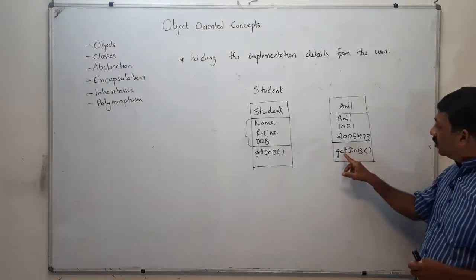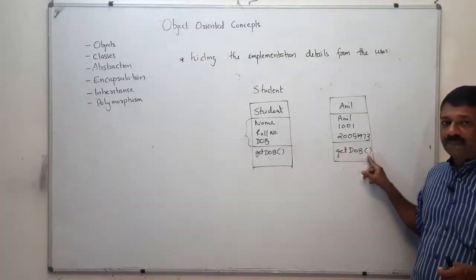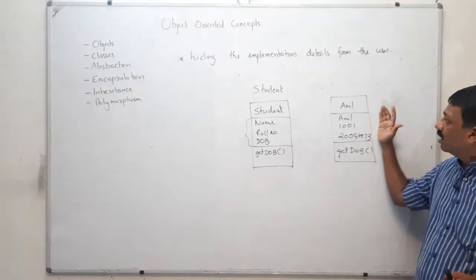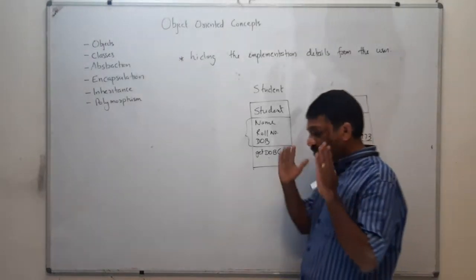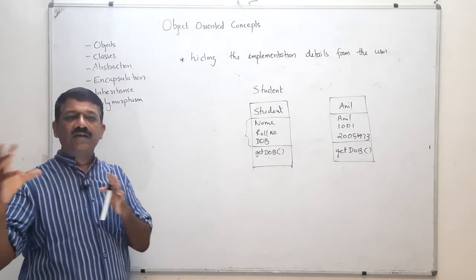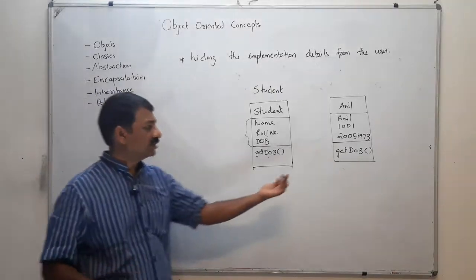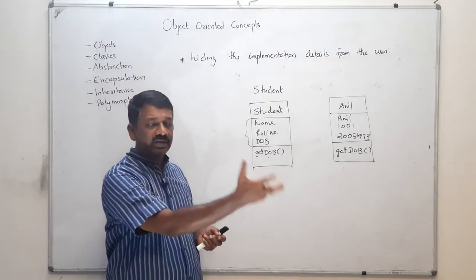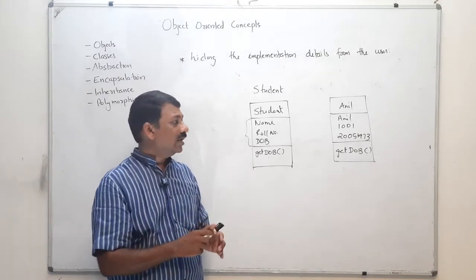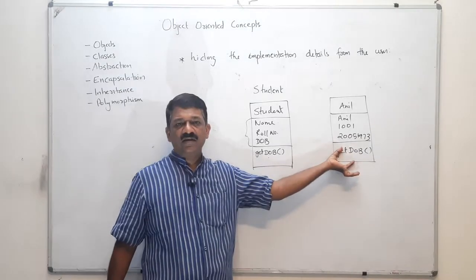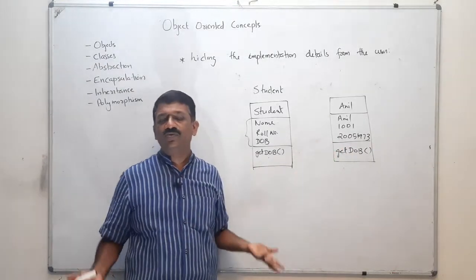That means using this getDOB, you can access the date of birth of this ANIL. Okay, so once you have an object, it is communicating with the real world using these methods. If you want to access some details of a particular object, and they are providing a function like this, then it is very easy to use that.